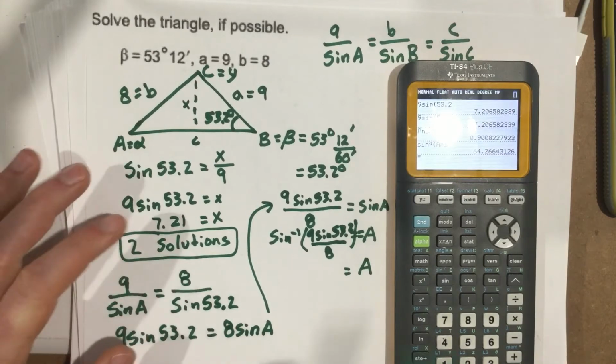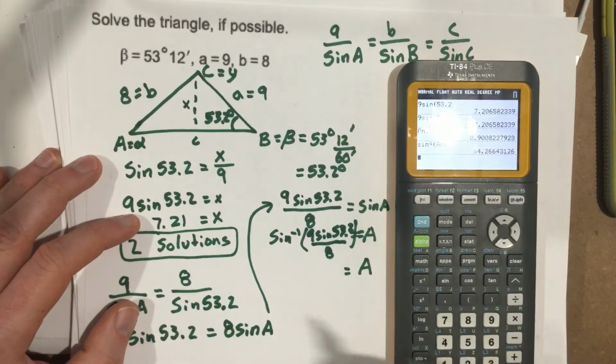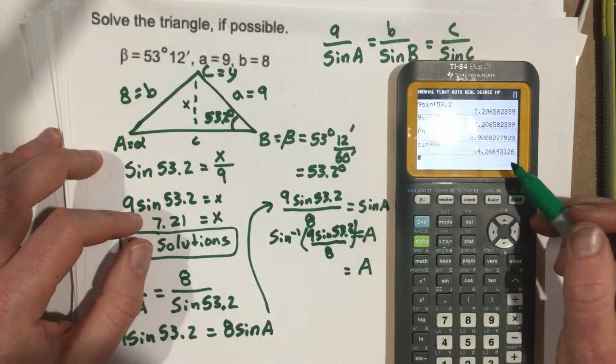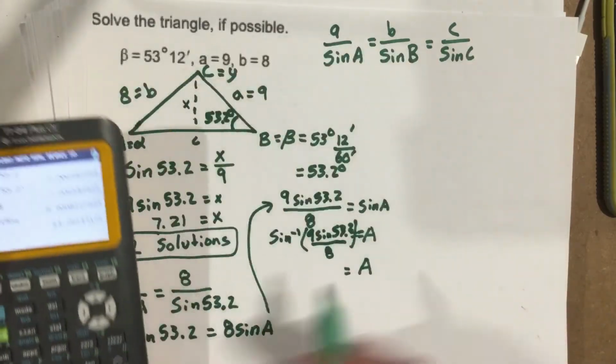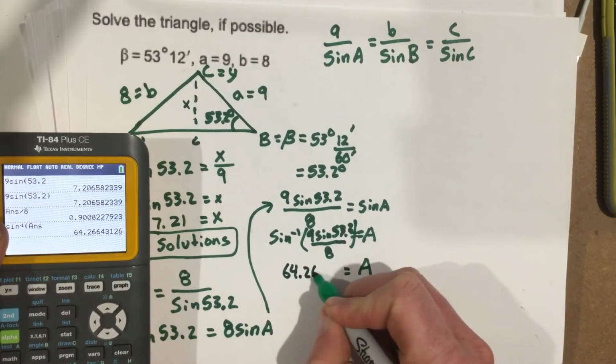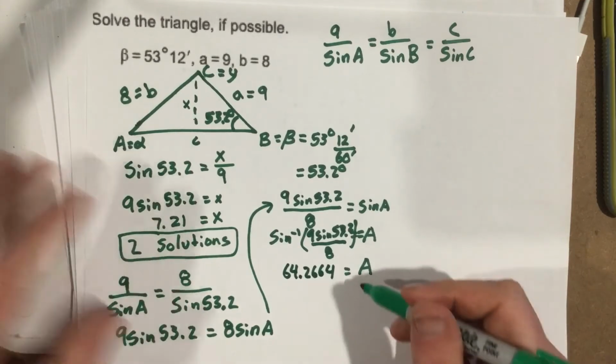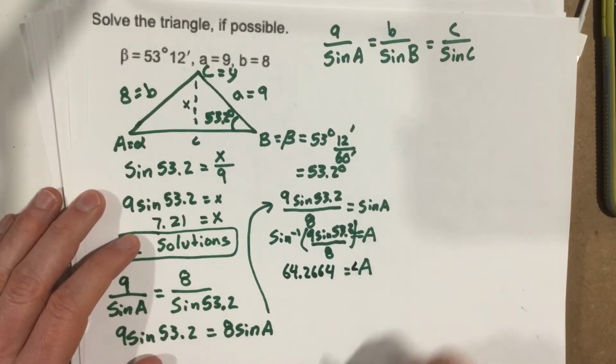Now, in my math lab, they tell you to round to 4 decimal places on any intermediate values. Well, this is an intermediate value, so we want to round it to 4 decimal places for now. So we're going to have 64.2664.